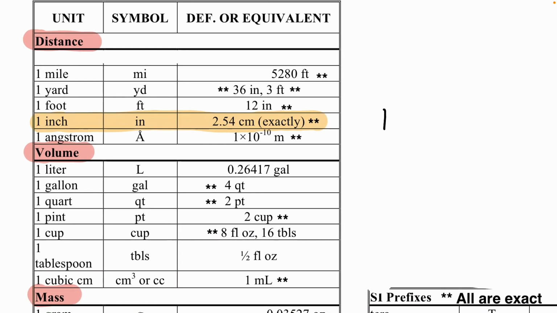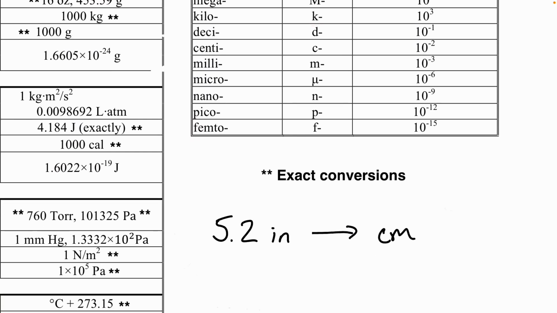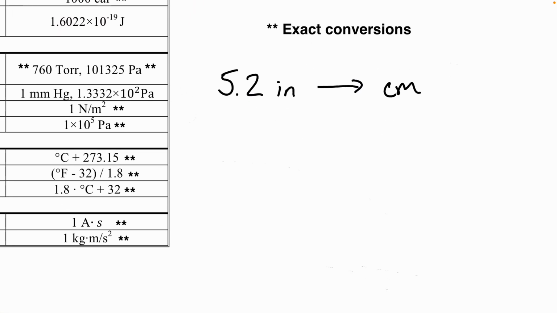This is telling me that 1 inch is equal to 2.54 centimeters. All right, that's what this entry on this table is telling me. So from my table now, boom, I have my relationship: 1 inch equals 2.54 centimeters.